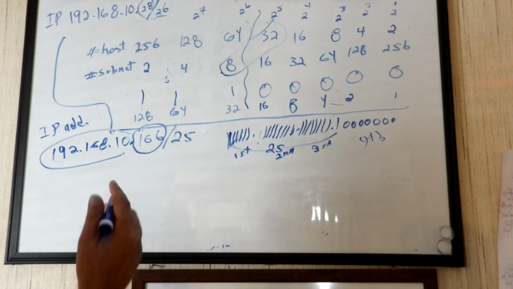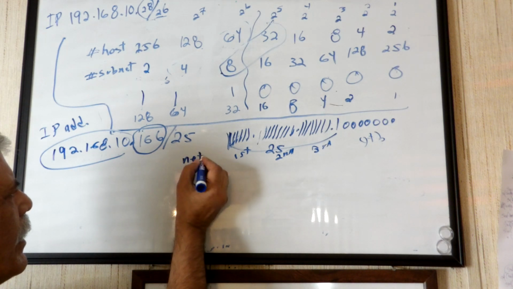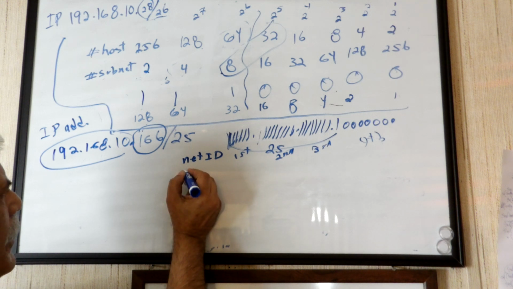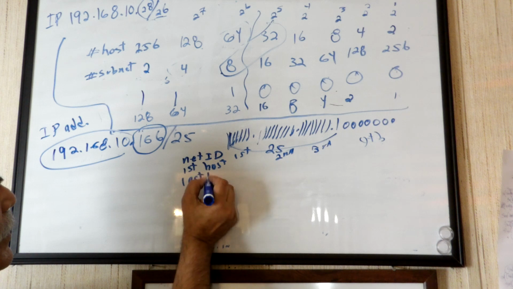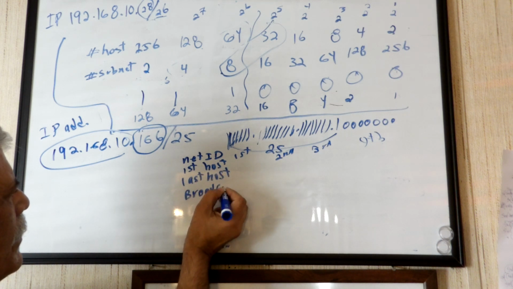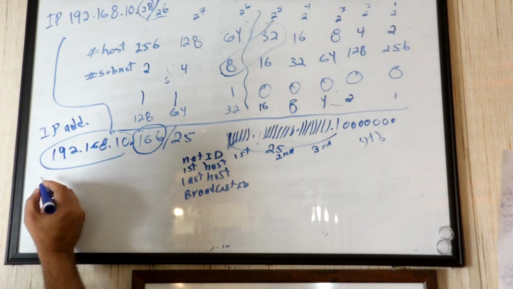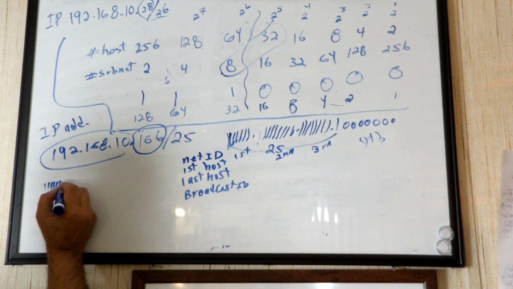So what we do here, we want to find out the network ID, first host, last host, and broadcast ID. Okay, we say /25. We don't care about this.